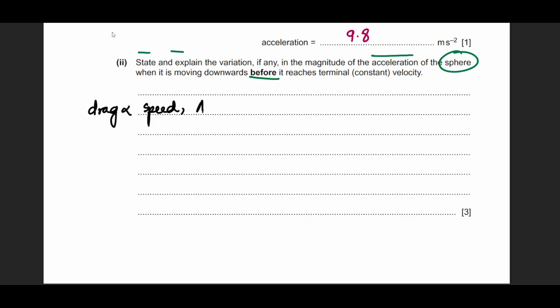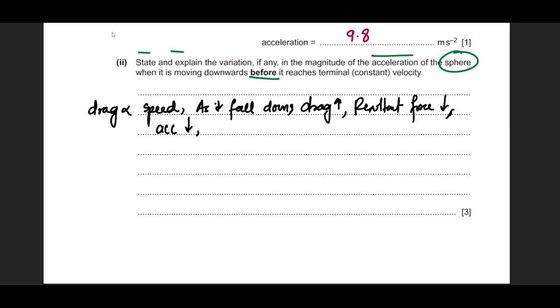So as it starts to fall down, its drag increases, right? And if the drag increases, the resultant force decreases, and if the resultant force is decreasing, the acceleration also decreases, right?